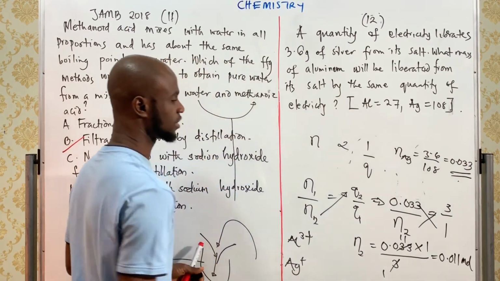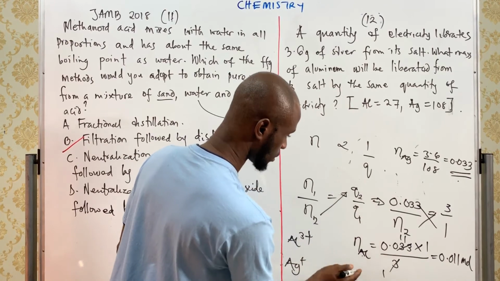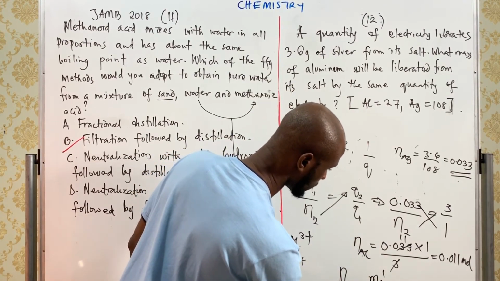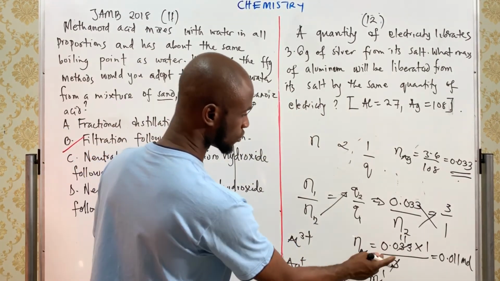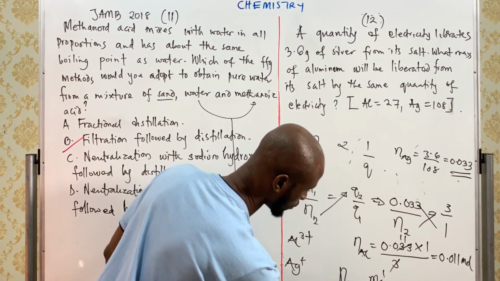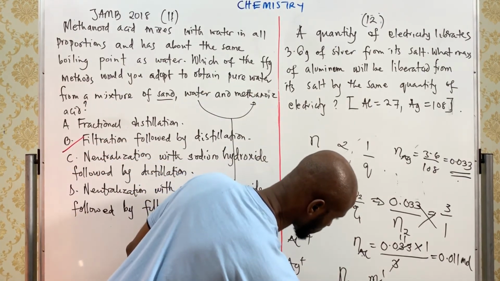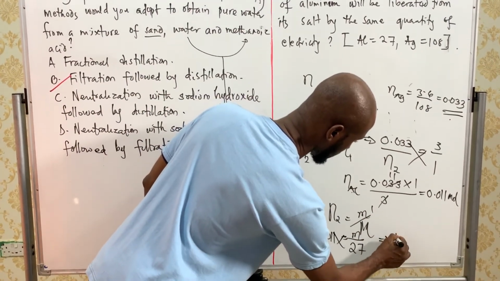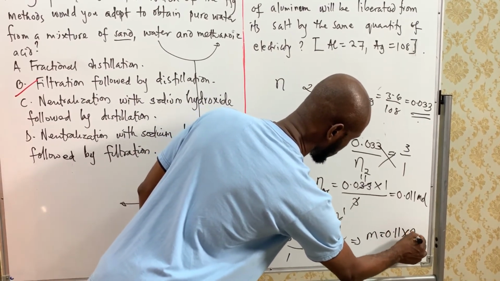So we can convert the number of moles of aluminum, N2, to mass: N2 equals mass of aluminum over the molar mass of aluminum. Number of moles of aluminum is known to be 0.011 equals the mass, which is what we are looking for, over the molar mass of aluminum, 27. So if I cross multiply, I will have the mass to be 0.011 multiplied by 27.